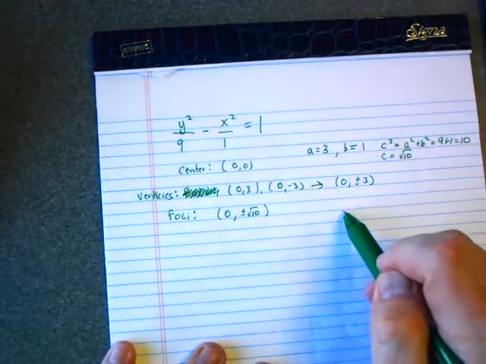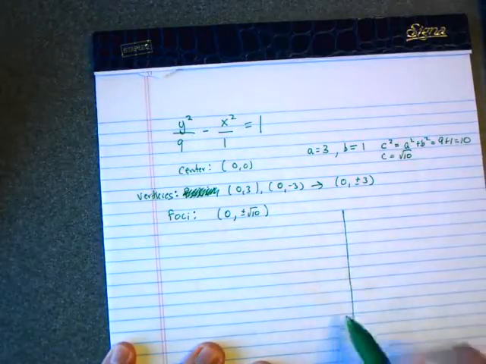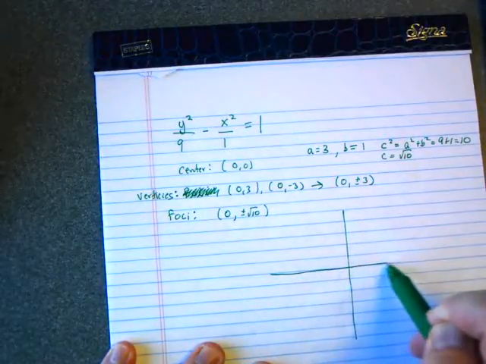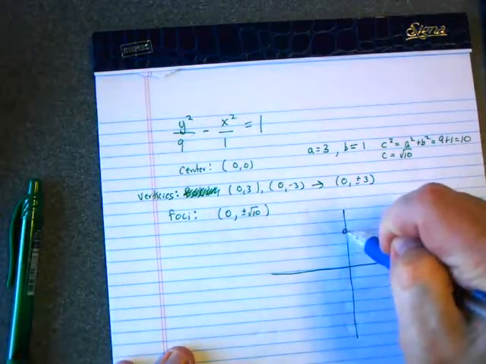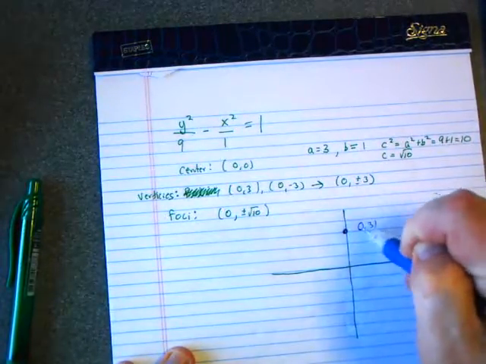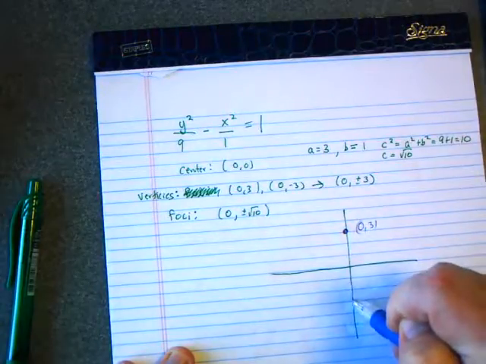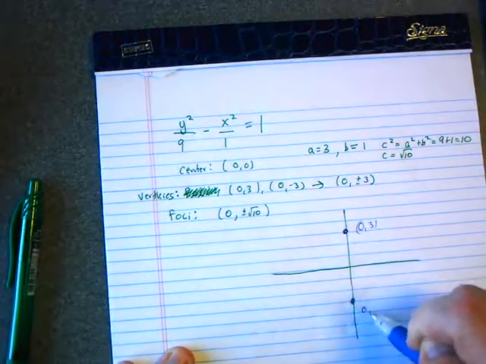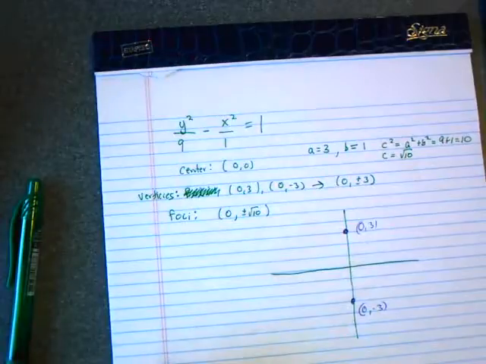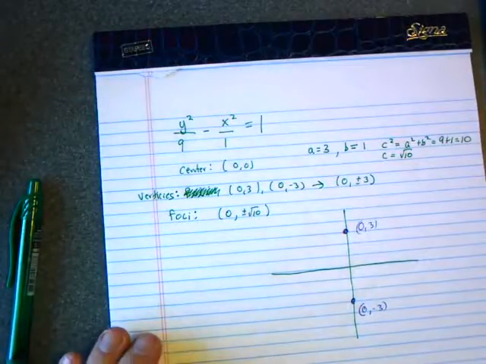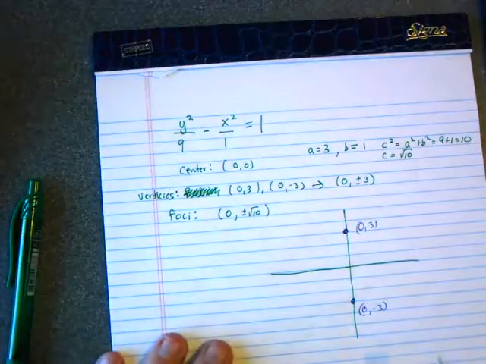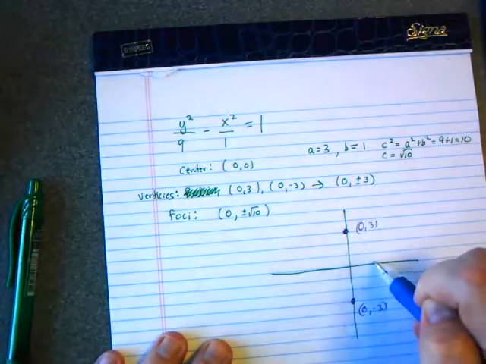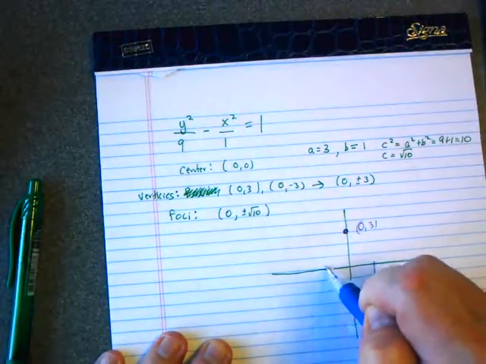All right, so again, drawing our picture here. We have our vertices at 0, comma 3, and 0, comma negative 3. All right, our B number is 1. So here's 1 and here's negative 1.